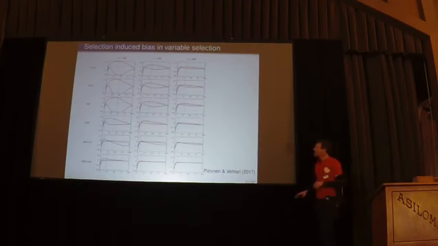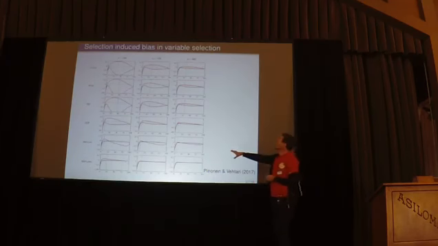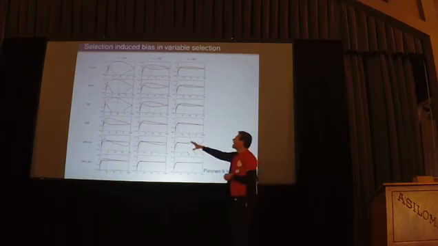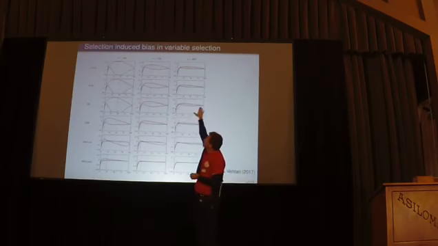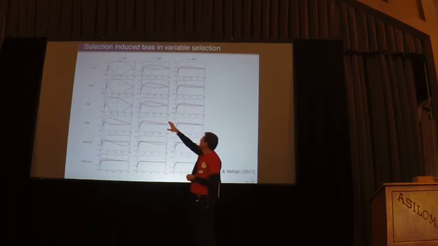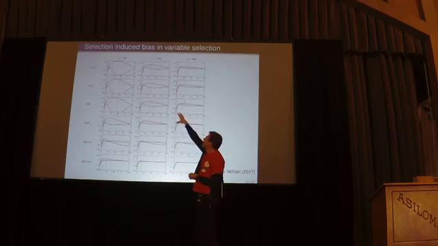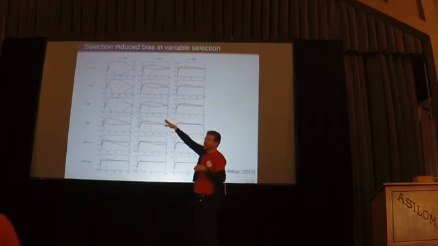So here is another simulated data set. The first line is cross-validation, the second line WAIC, then DIC. And we can see that they all perform similarly, really badly. So there were 100 covariates and 100 observations.